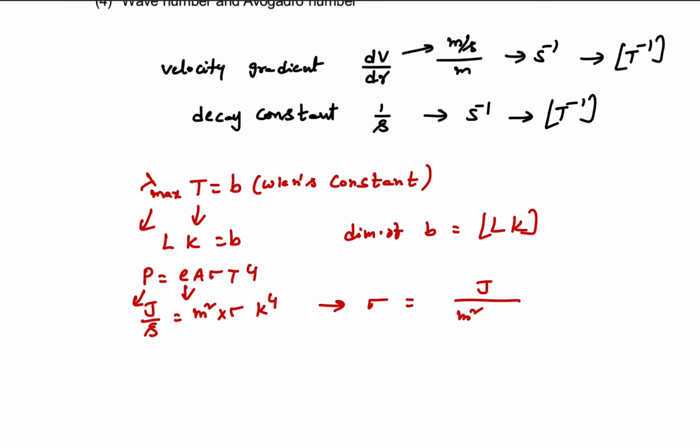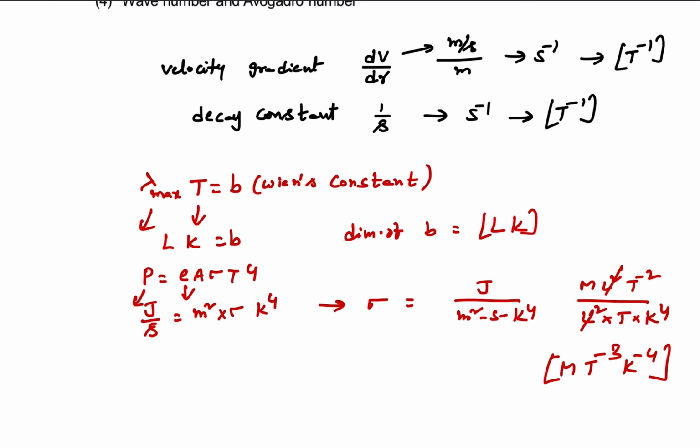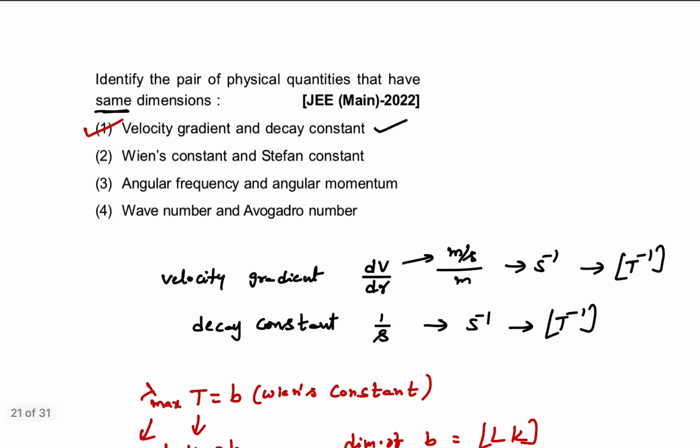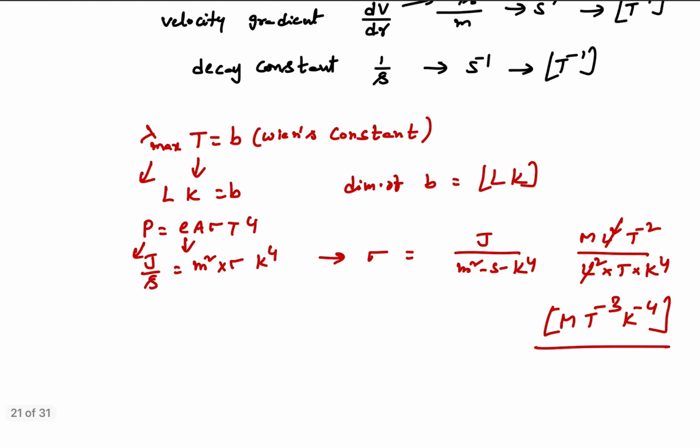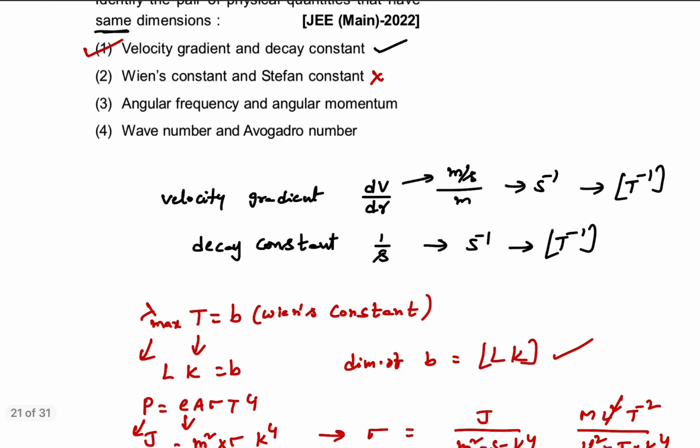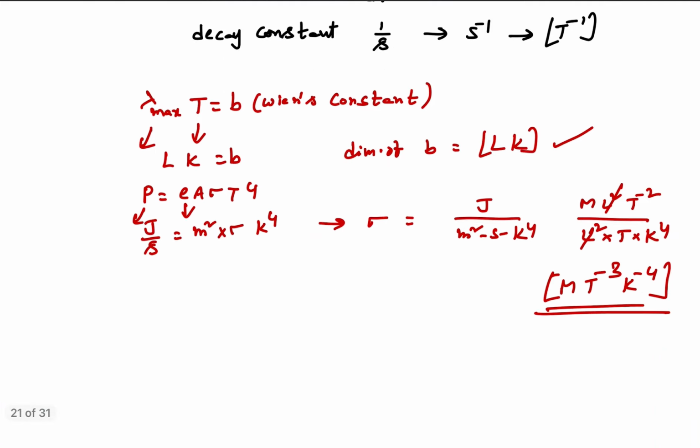So sigma unit is joule per meter square second Kelvin to the power of 4. You can write M L square T power minus 2 divided by L square, second is T, and Kelvin to the power of 4 is K4. L square gets cancelled: M T power minus 3 K to the power of minus 4. This is the dimensional formula of Stefan's constant. So this is wrong; they are not having the same dimensions. You can see b is this and sigma is this. Both are not having the same dimensions.